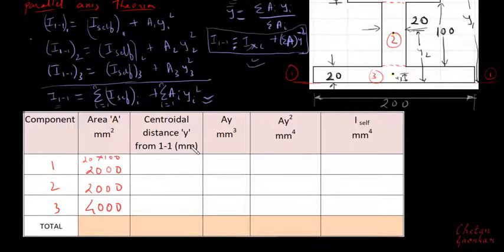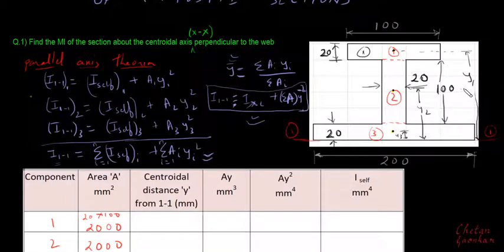Fine. So the centroidal distance y from 1 1. Basically, what this means is we need to note down the values of y1, y2, and y3. So y1 is, from here to here this is 20, from here to here it is 100, and from here to here it will be 10, because the centroidal distance here will be exactly at the half of its height, that is half of this 20. So this is 10, this is 100, this is 20.